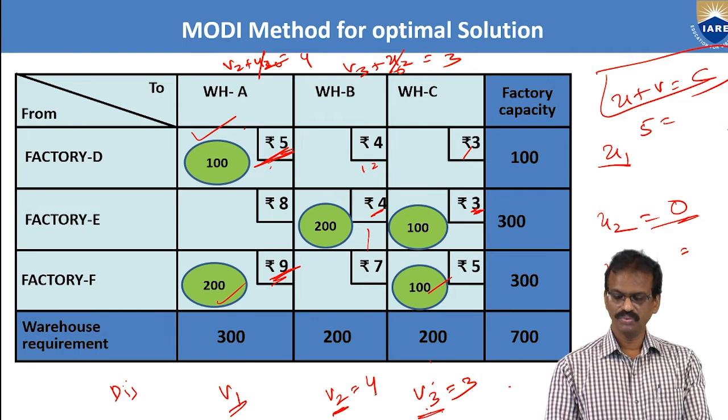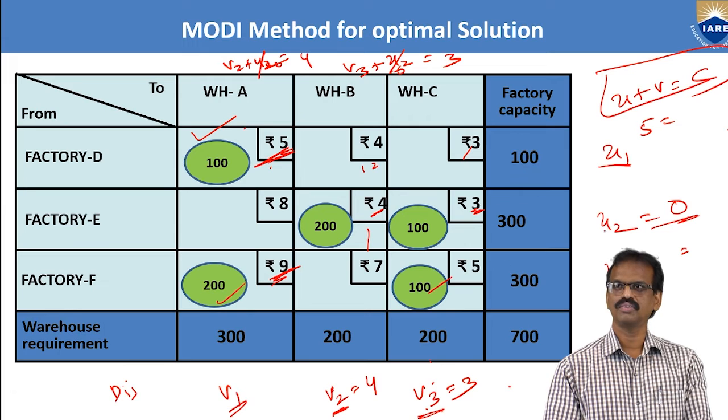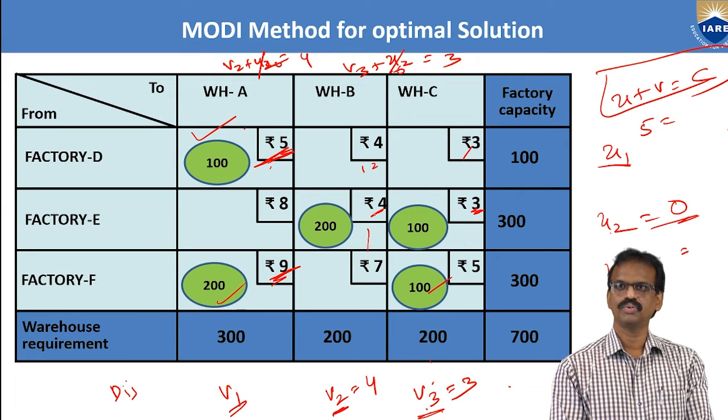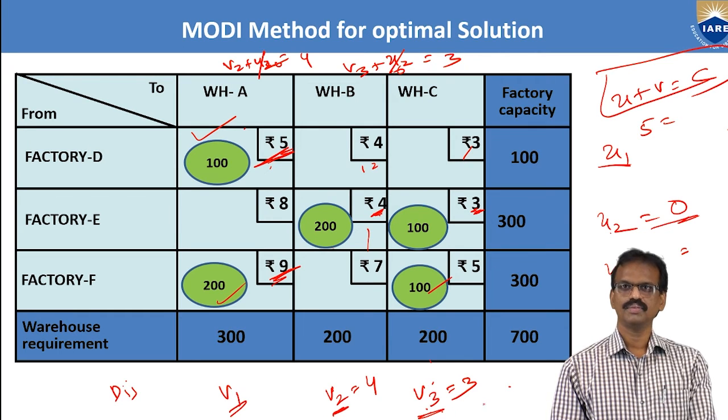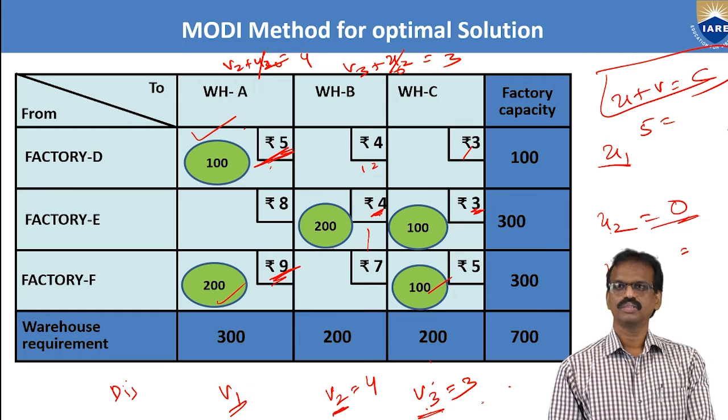If you add this v2 value and u2 value, you will get the 4. So by using allocated cells only, you find the u and v values. You got the u2 value and the v3 value.